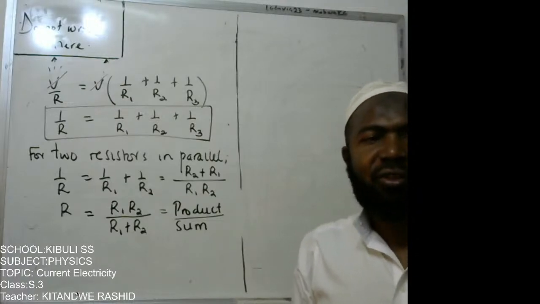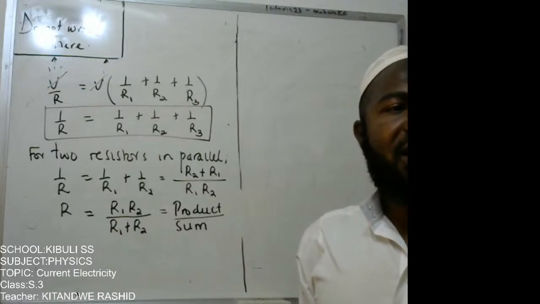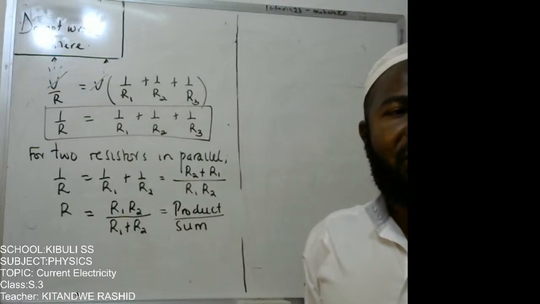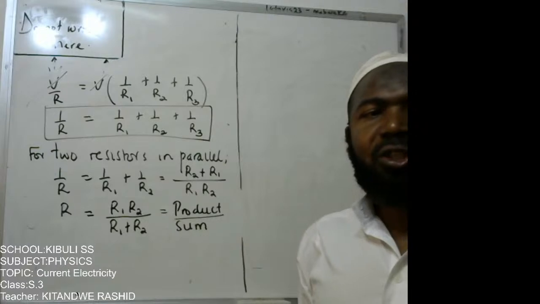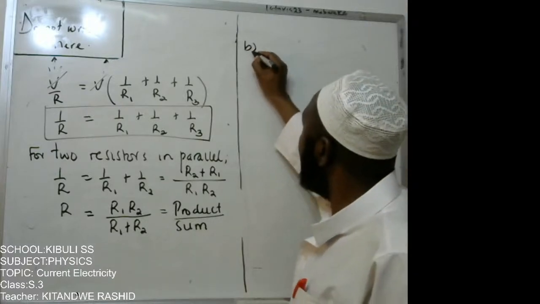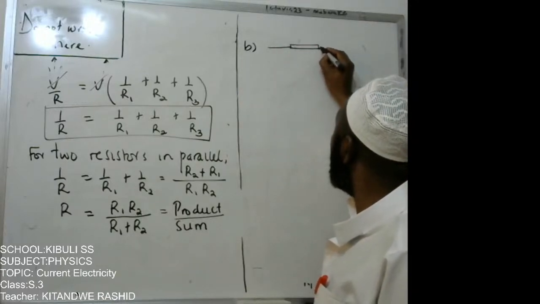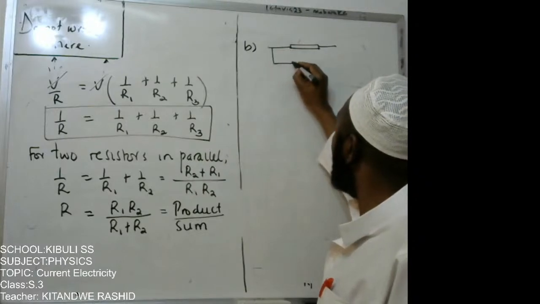I think that one is obvious. We just add. If they are resistors in parallel, we use product over sum. For example, part B of the question, which was having two resistors in parallel.